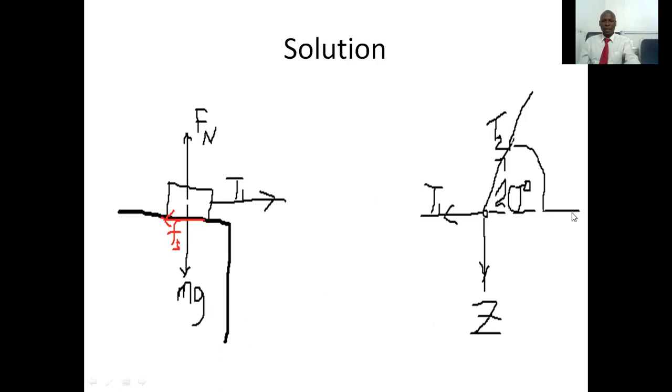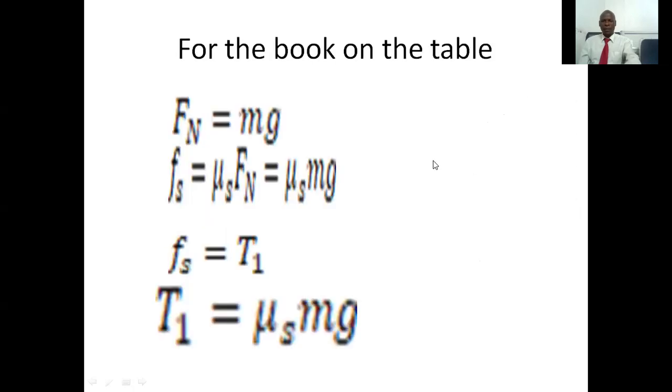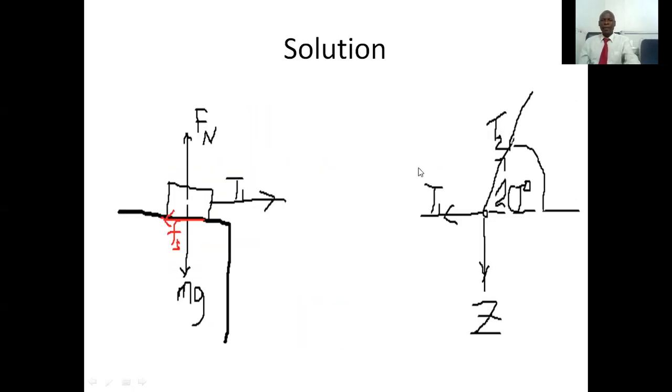If we extend this horizontally, since this angle is 160, we can subtract from 180, and it gives us 20 degrees. That is the angle it makes with the horizontal. And then we have another force here, Z, which is the weight of the book. Once we have done this free body diagram, the question becomes very easy.